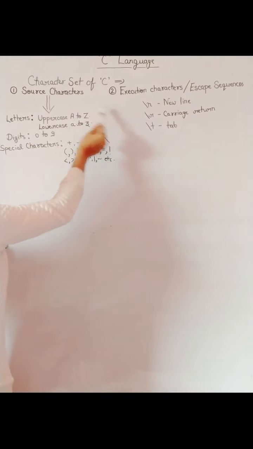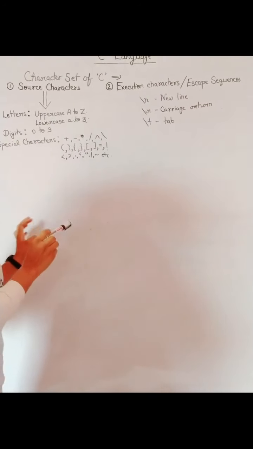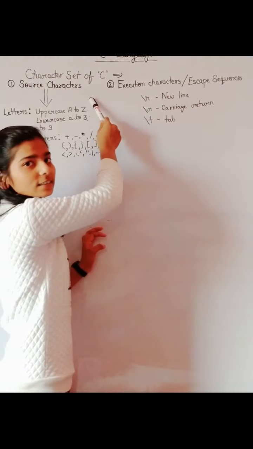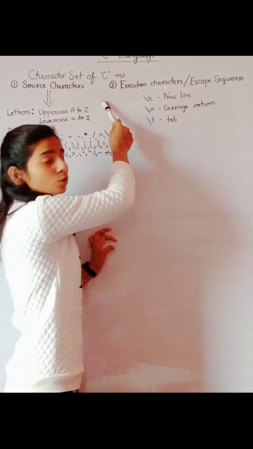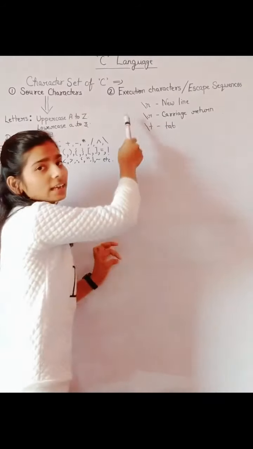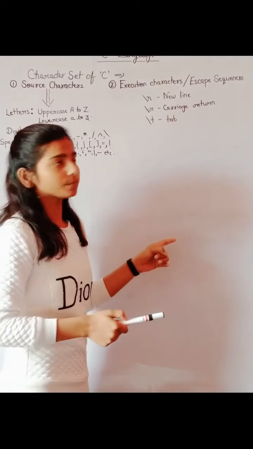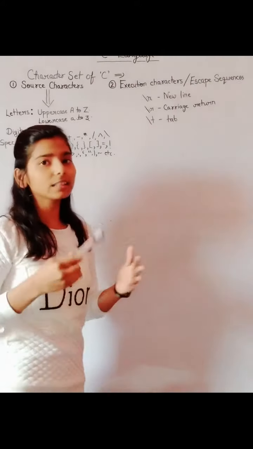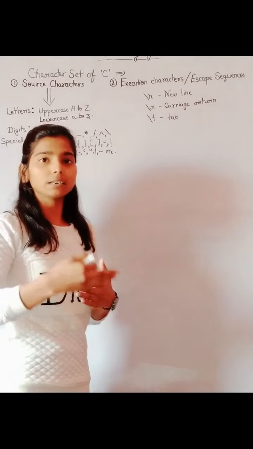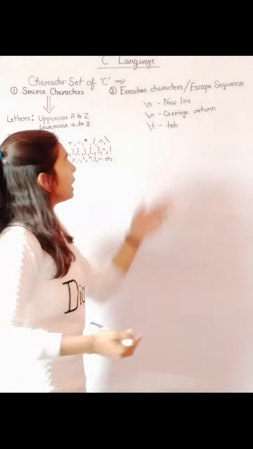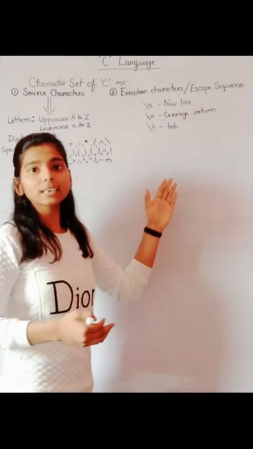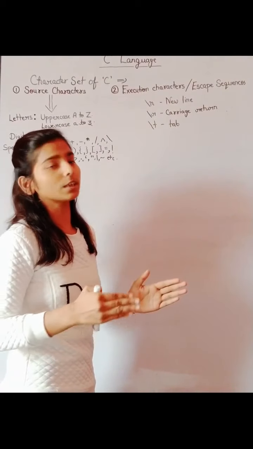The character set of C is categorized into two parts. The first part is source characters and the second one is execution characters. We also call them escape sequences. Source characters are the characters that can be entered through the keyboard, and execution characters are the characters that cannot be entered through the keyboard.